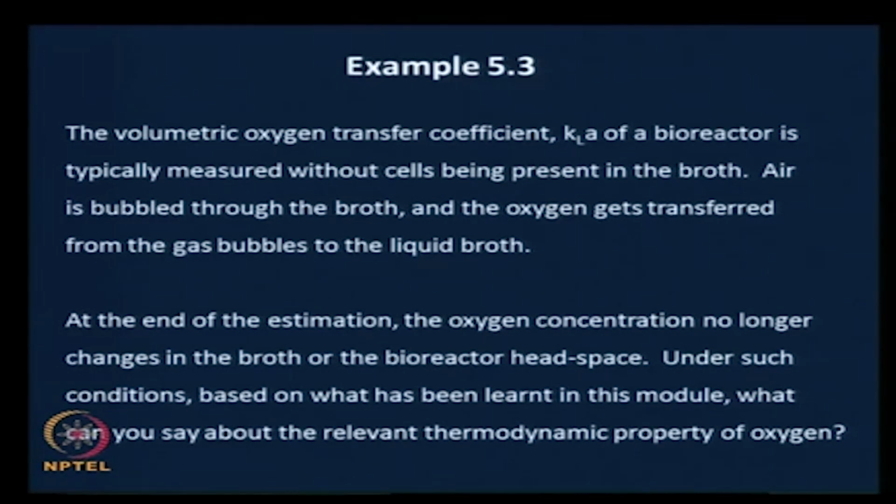At the end of the estimation, the oxygen concentration no longer changes in the broth or the bioreactor headspace. Under such conditions, based on what has been learnt in the module, what can you say about the relevant thermodynamic property of oxygen? I have worded it this way for a specific reason.